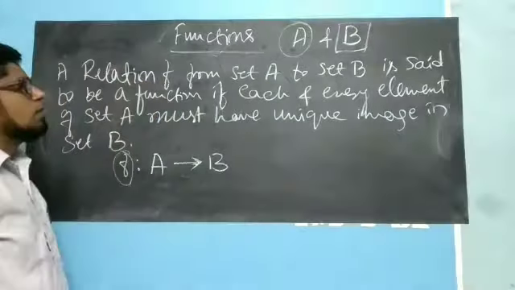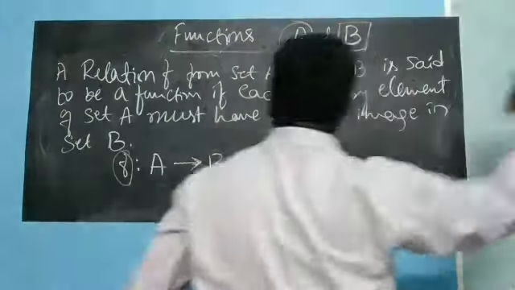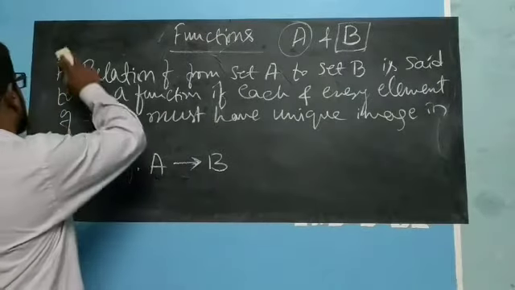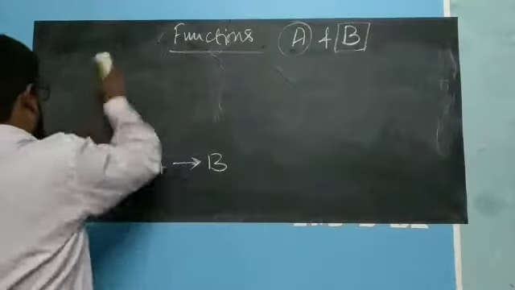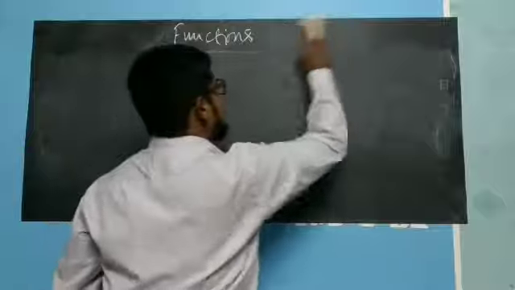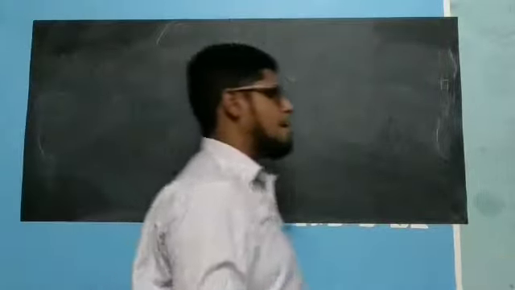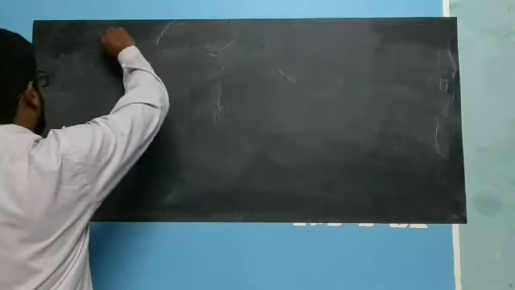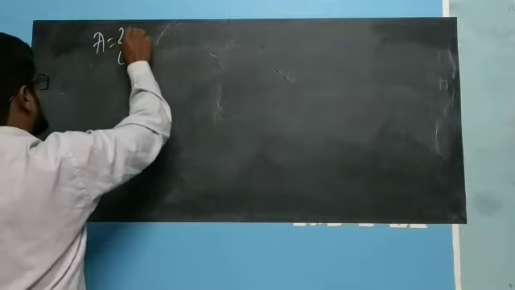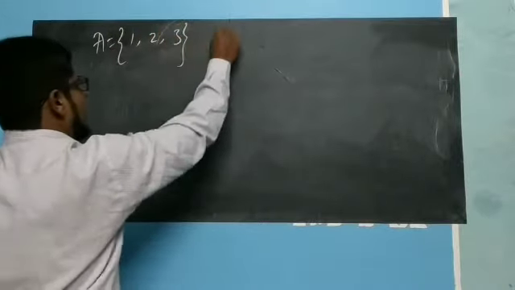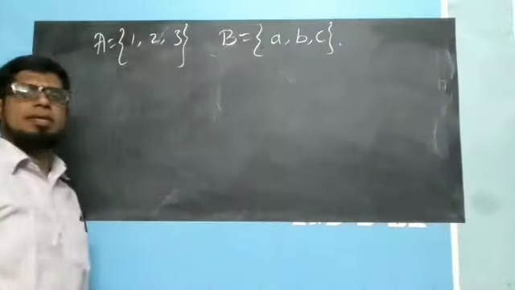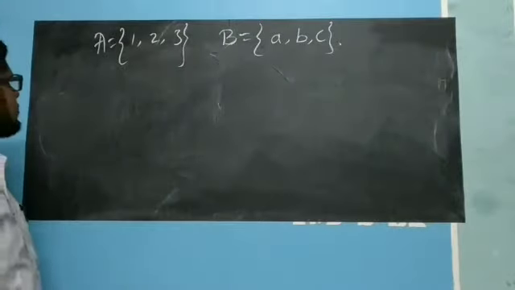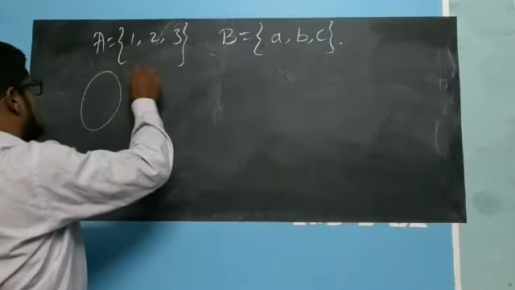Now we will see it geometrically. Let us try to understand functions using some geometrical diagrams. Here, if I take set A as 1, 2, 3 and set B as A, B, C, two non-empty sets, then let us take the mapping like this.